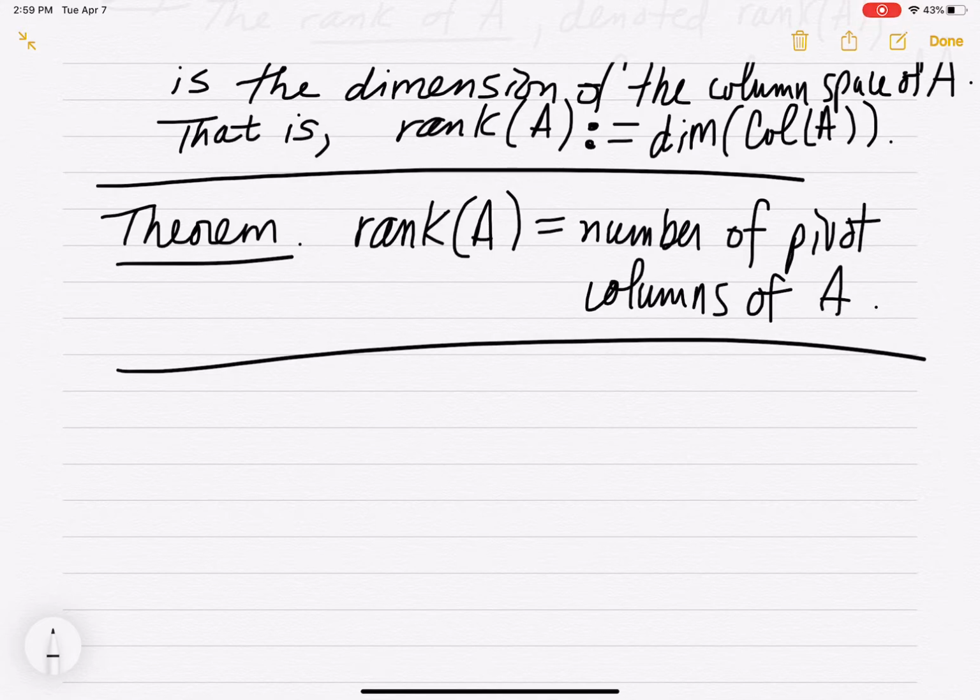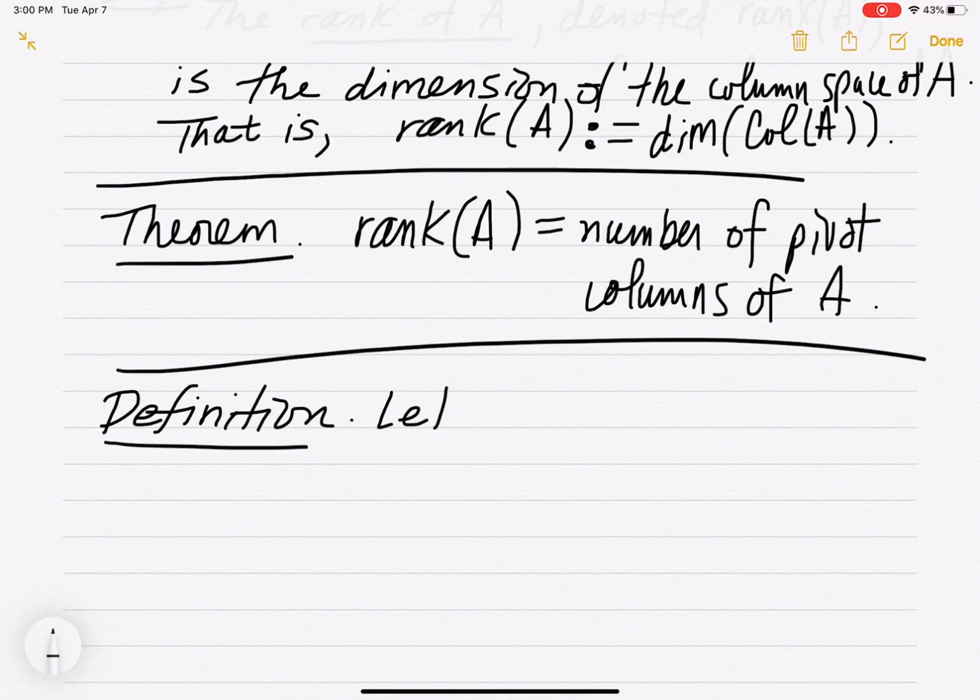Here's another definition. We're going to talk about something called the nullity. Let A be an m by n matrix.